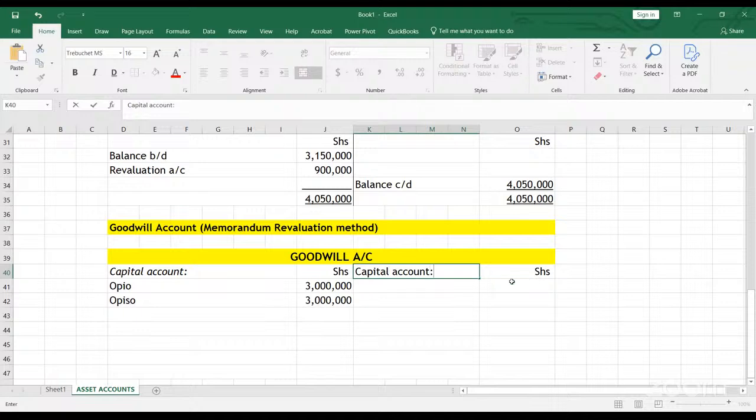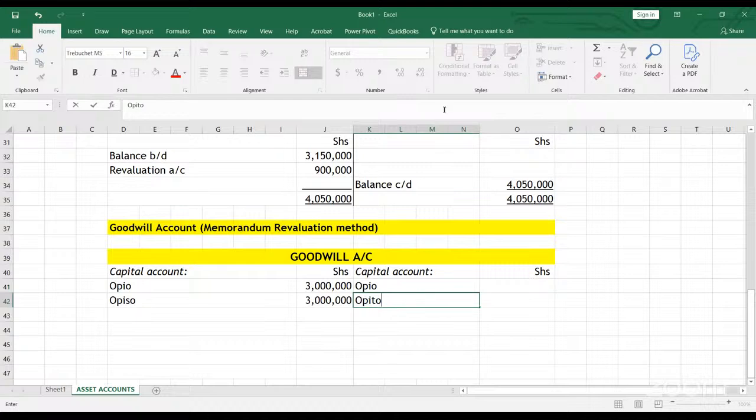The corresponding entry is made in the capital account. So we write Opio and Opito. Who is retiring? Opiso. So we write Opio and Opito. We have to write off this Goodwill by crediting the Goodwill account.